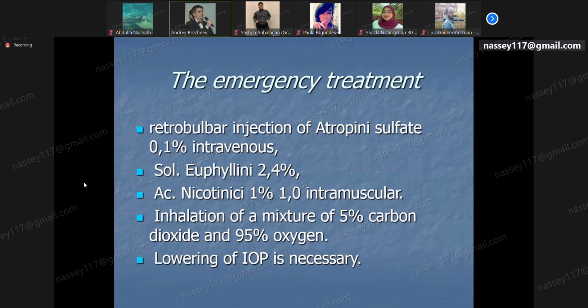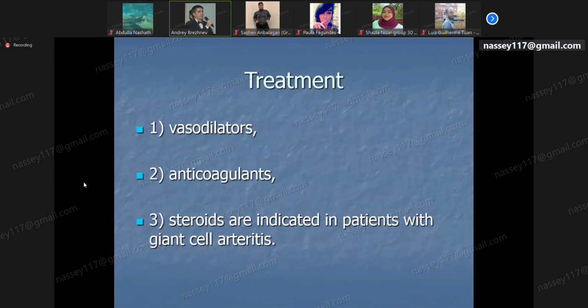The next stage of treatment, not emergency, includes vasodilators, anticoagulants, especially if you suggest that thrombosis is the cause of the ischemia, and steroids, which are also indicated in patients with giant cell arteritis, and steroids can help us to decrease the severity of the retinal edema, and so on.